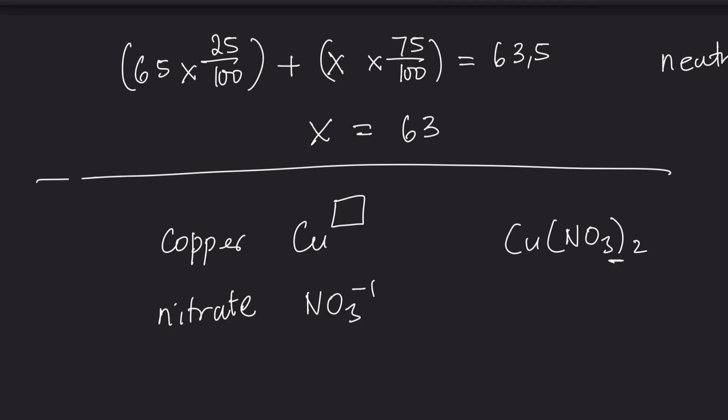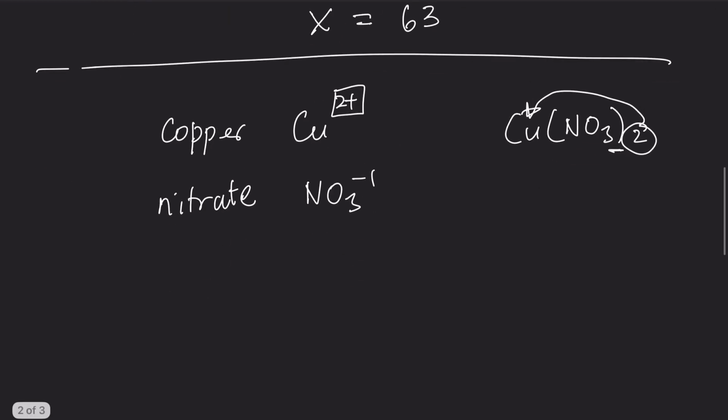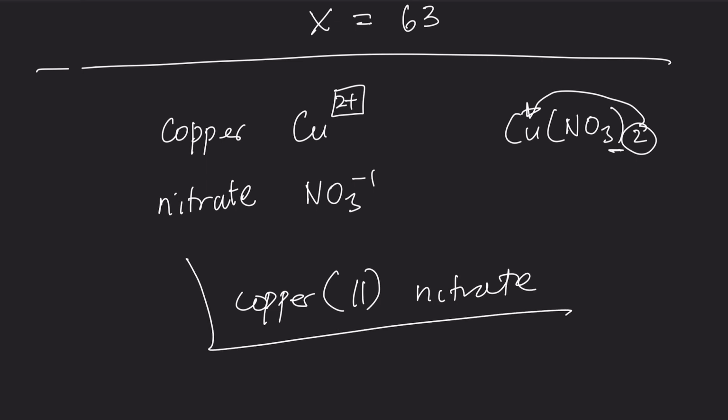That means there was cross multiplication involved. So to undo it, just take this 2 and bring it to the top. That means the charge was 2+. So to write out the answer, the name of this is going to be copper, and in brackets we will write down 2 in Roman numerals, and then nitrate. So that's our answer.